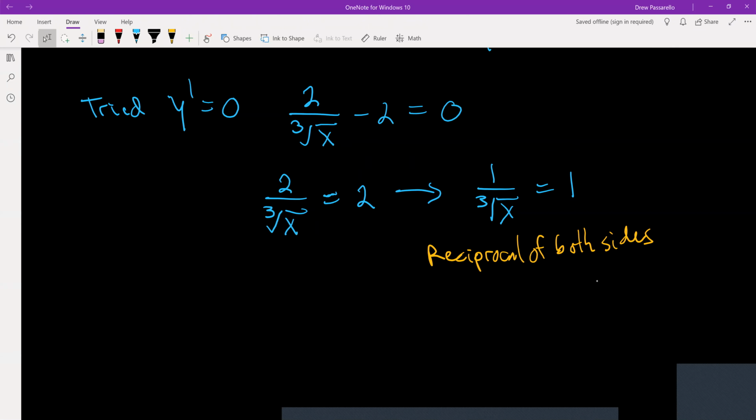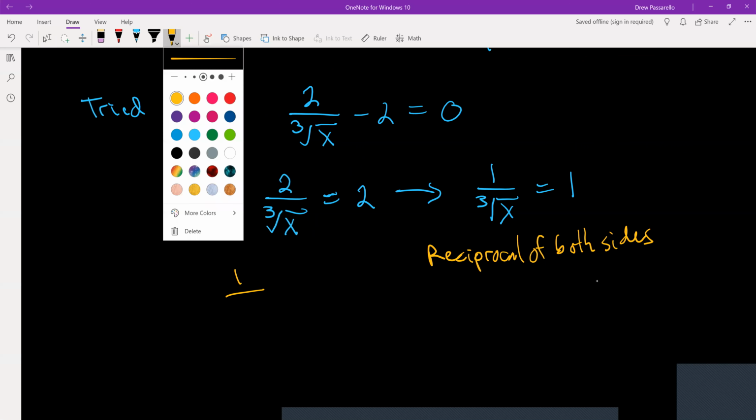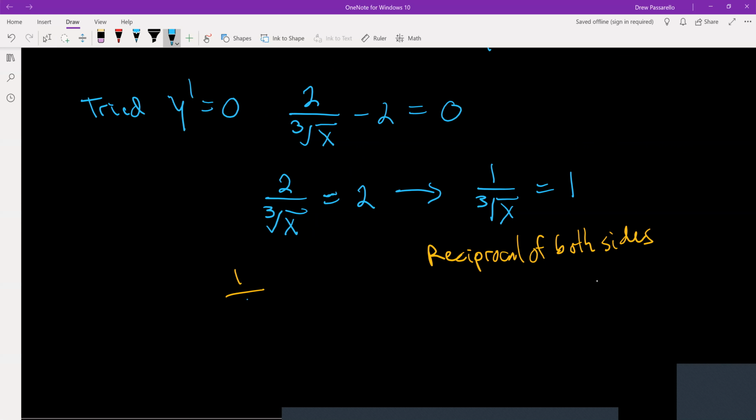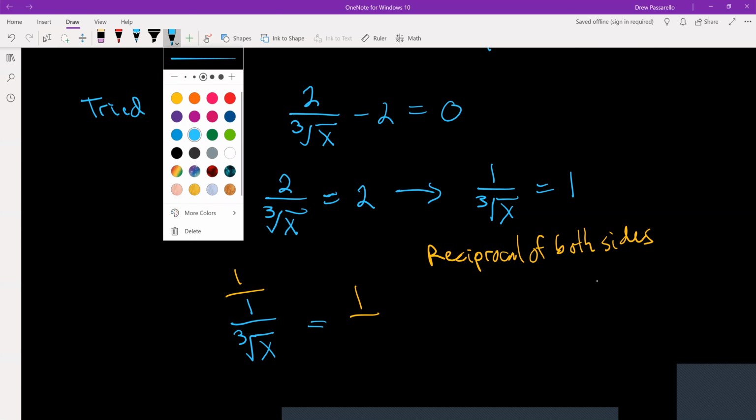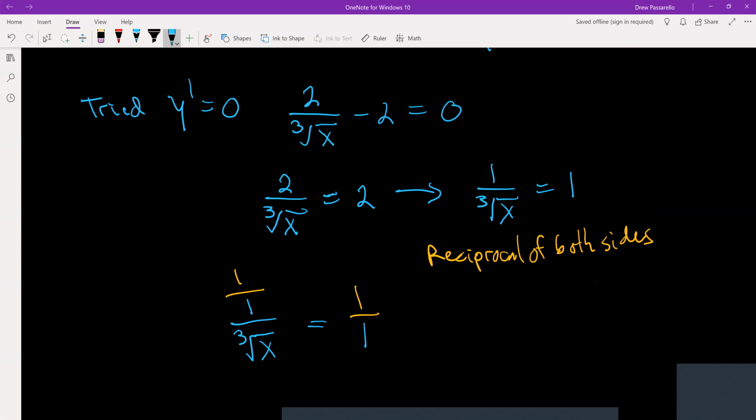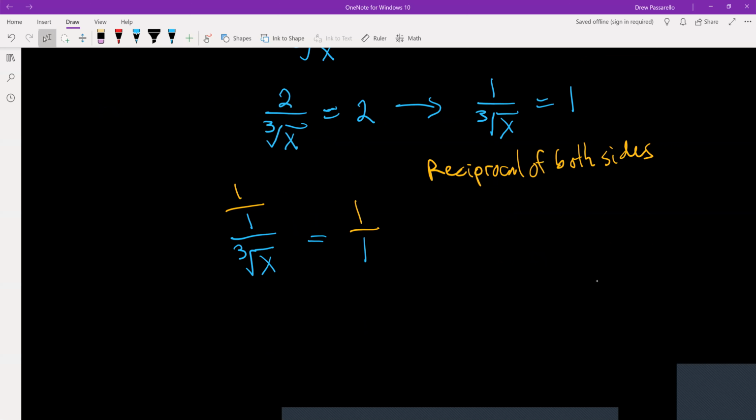And now if you do 1 divided by 1 over cube root of x is really what you're doing. And then you do the same thing, but you're doing 1 divided by 1. And so the left side flips it, so you have the cube root of x technically over 1, and then equals 1.